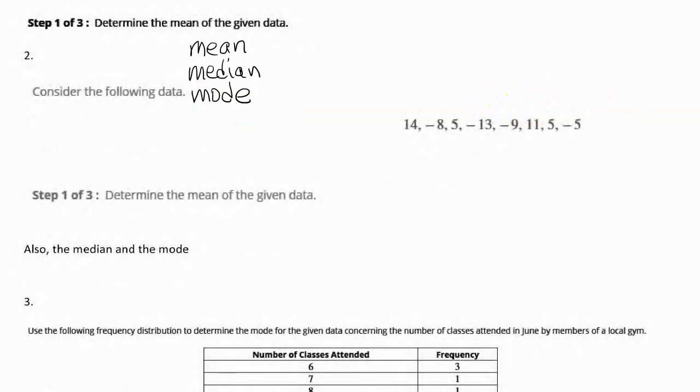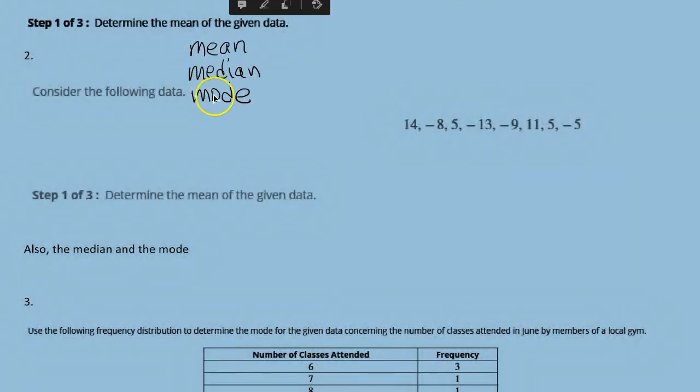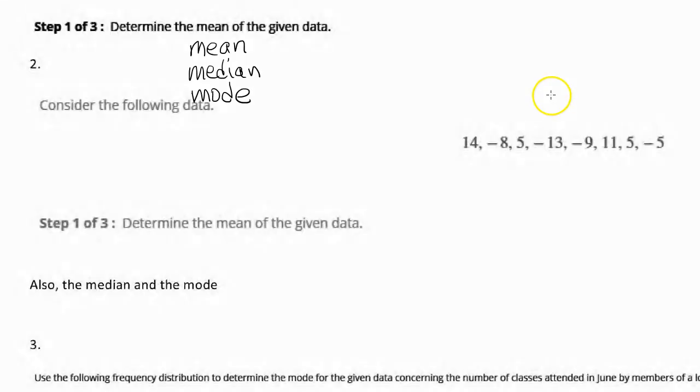Now, for this one, again, you want to find the mean, the median, and the mode. So again, a good strategy is to put these in order. So take a moment and put them from lowest to highest.